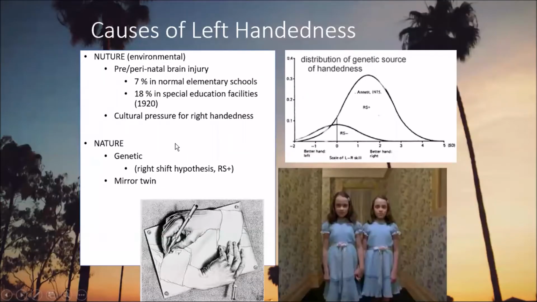Okay, so what's the cause of left-handedness? There's 3 general ideas. One is that there was early damage in the womb or right at birth. They saw this over 100 years ago, how there were more left-handers in the special education facilities than in normal schools.